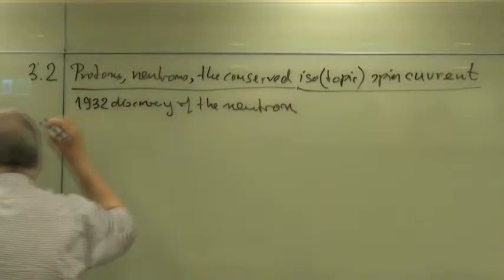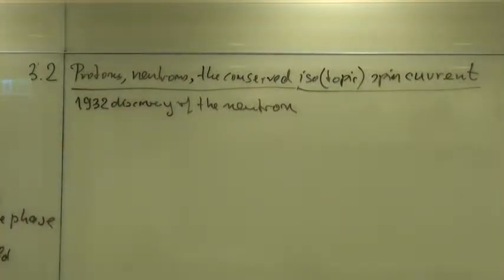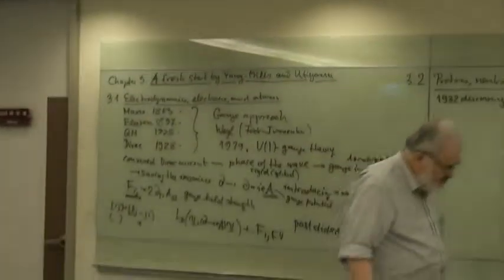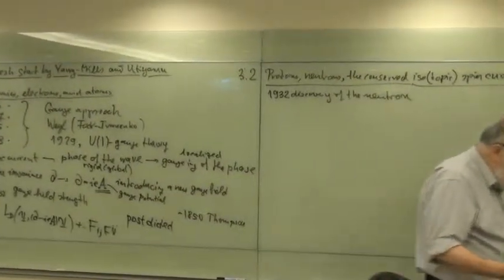Up to 1932, there was only known the proton and the electron, and people tried to build up the atom out of proton and electron. And you had the Bohr model and the Rutherford results, and you knew that the nucleus consisted of, one thought of protons and electrons.